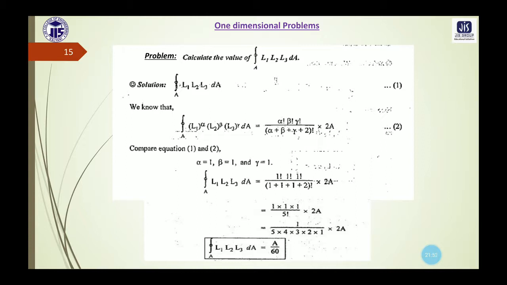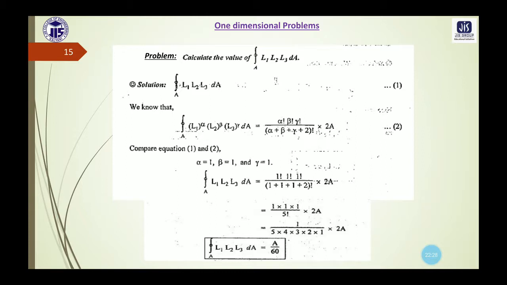Now if we put these values of alpha, beta and gamma, we write the expression as factorial 1 multiplied by factorial 1 multiplied by factorial 1, divided by factorial of 5, multiplied by twice A. Now factorial 1 is actually 1, and factorial 5 means 5 into 4 into 3 into 2 into 1.